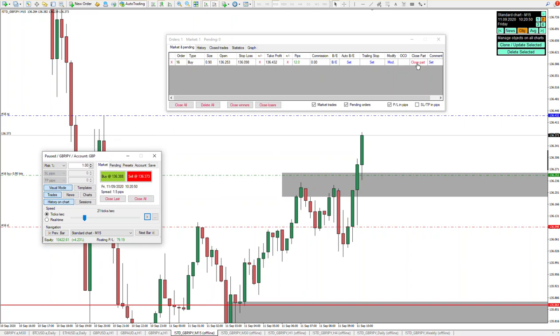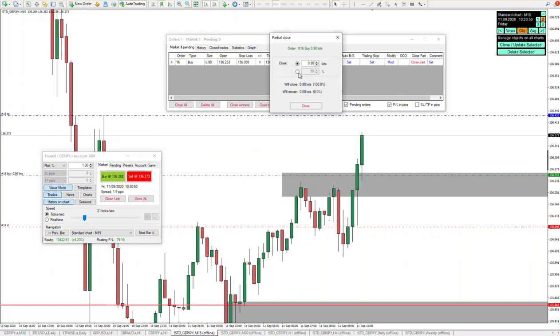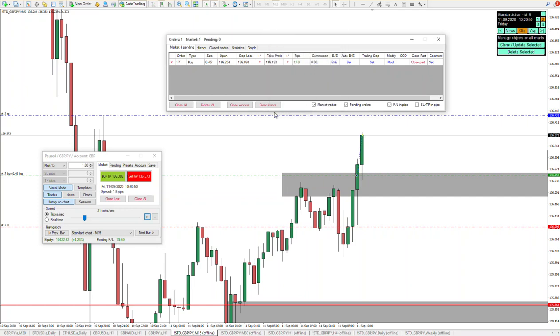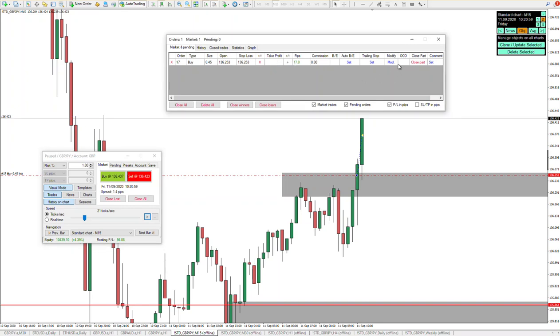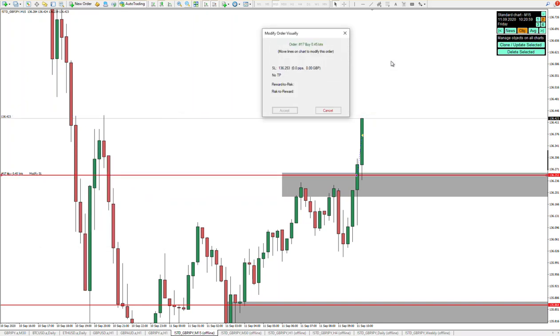Let me take a bit of profit out of this trade. Close like 50% and put the trade to break even. So now we are risk free. Okay, let me wait. Let me take out my TP. And let me close another 50%.